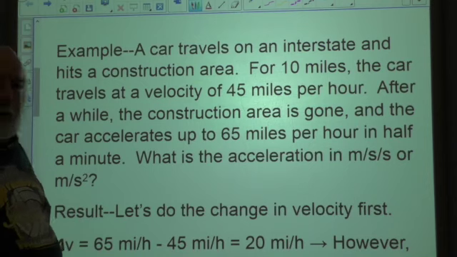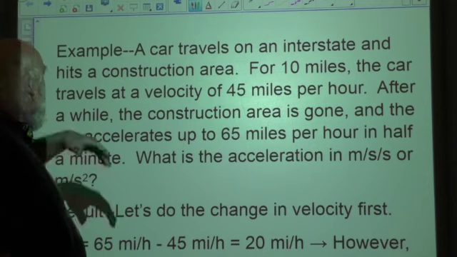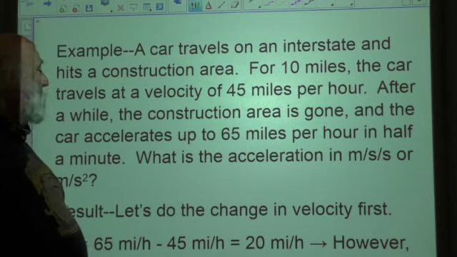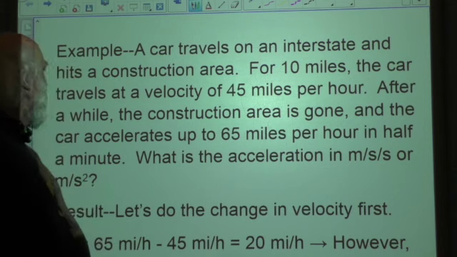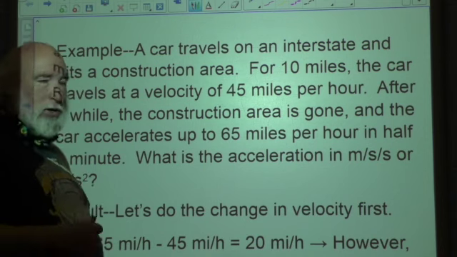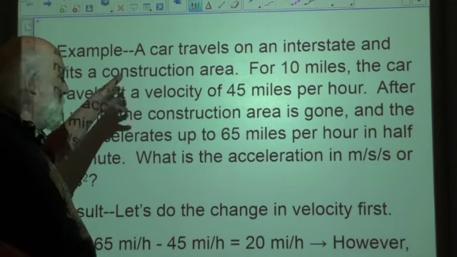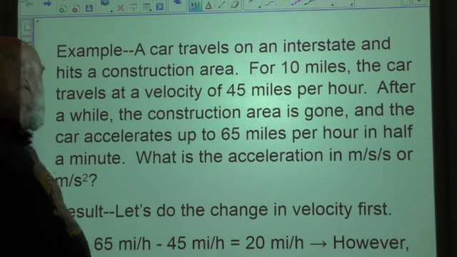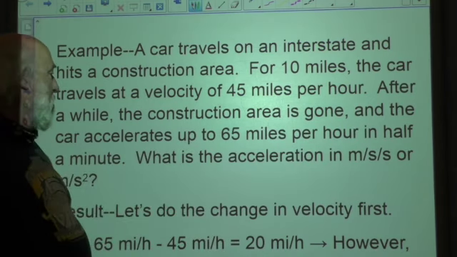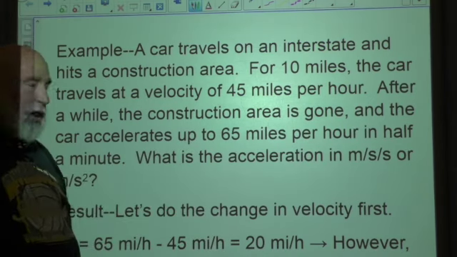Let's take an example. A car travels on an interstate and hits a construction area. For 10 miles, the car travels at a velocity of 45 miles per hour during that trip in the construction area. After a while, the construction area is gone and the car accelerates up to 65 miles per hour in half a minute.